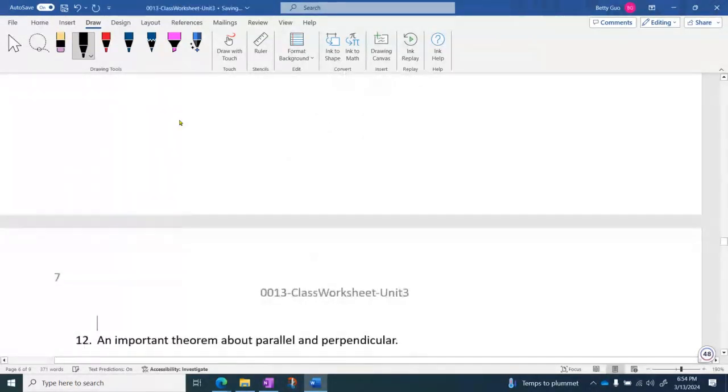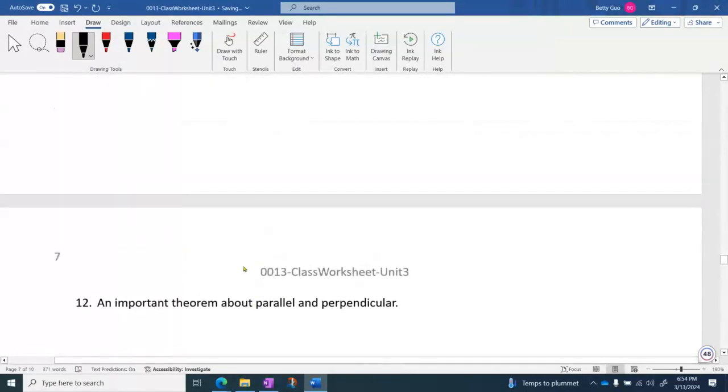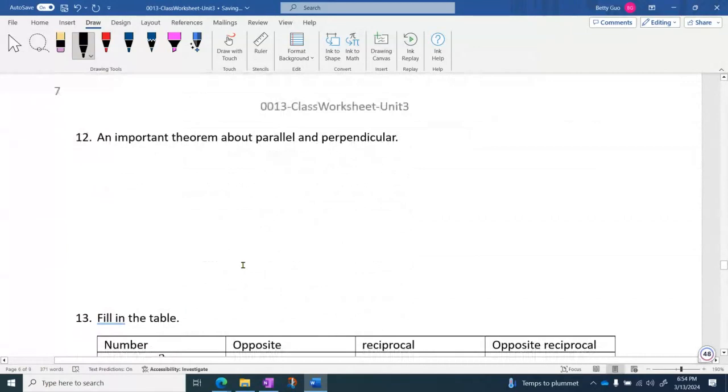And now let's move to example 12. I assume you have no questions? Ask yourself, are you able to convert an equation to the slope-intercept form and identify the slope and the intercept?